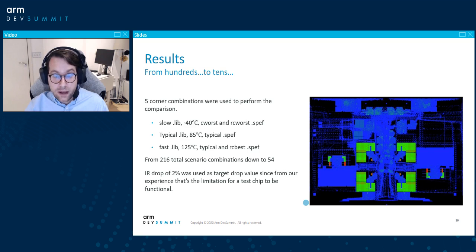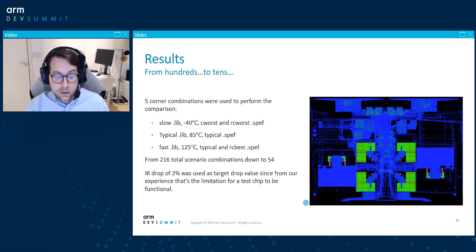So we chose five corners to analyze and draw our results. We could use more corners, so we would have more buckets, let's say. Essentially what we did is we divided the variation into buckets, and we drew the result from the best to the worst case analysis.